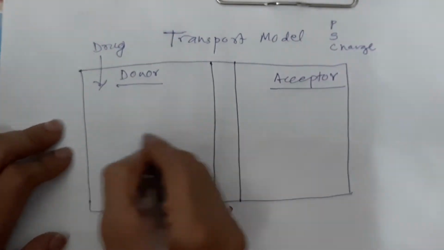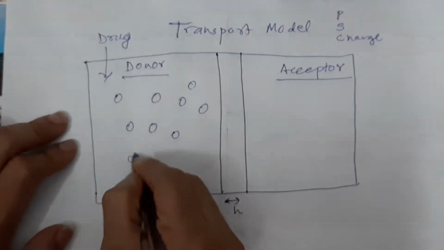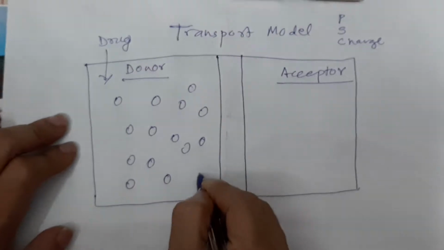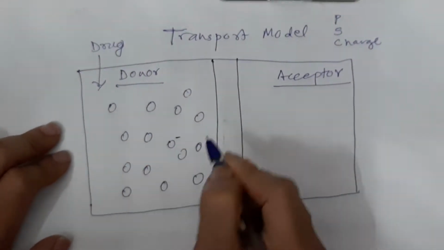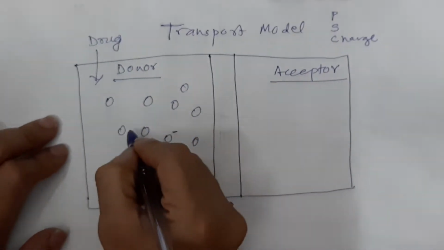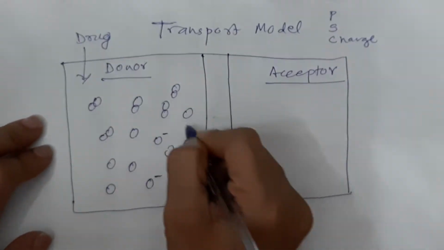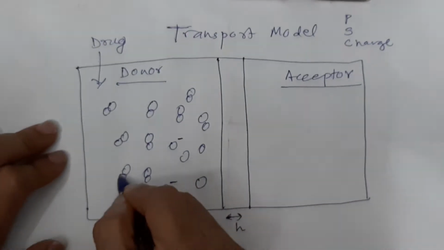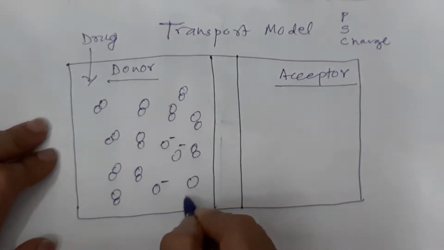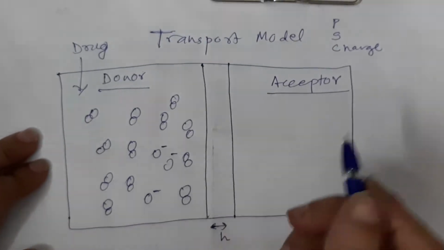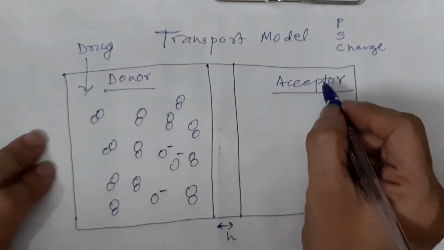These drug molecules will get dispersed into the donor compartment and will be available in two forms: one is the ionized form, one is the unionized form. So this is the unionized, uncharged form, and a few are in the charged form. This membrane is separating the donor and acceptor compartments.